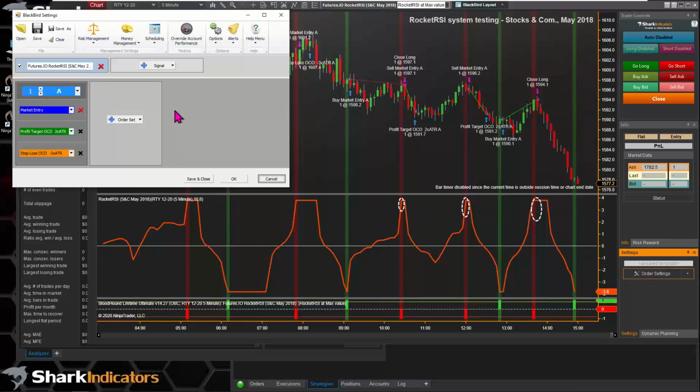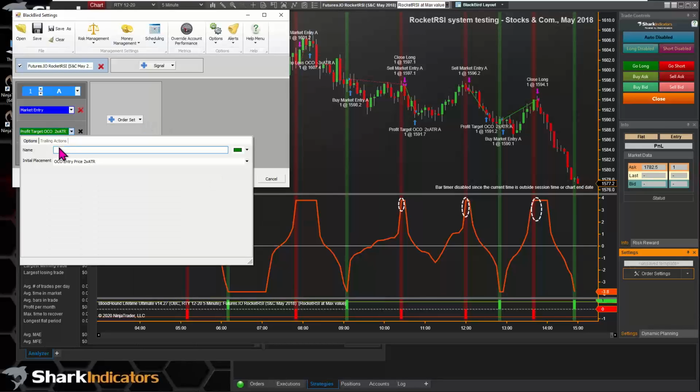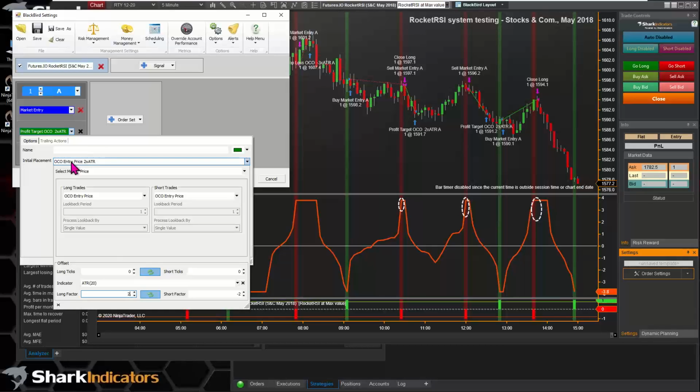Another question here, and I have no idea how to pronounce this name, so I'll skip the name, asks: is it possible to have profit targets based on indicator signals? Technically not an indicator signal, but you can base your profit target off of an indicator. If your indicator is literally plotting the price of where your profit target should be, then you can definitely do that.